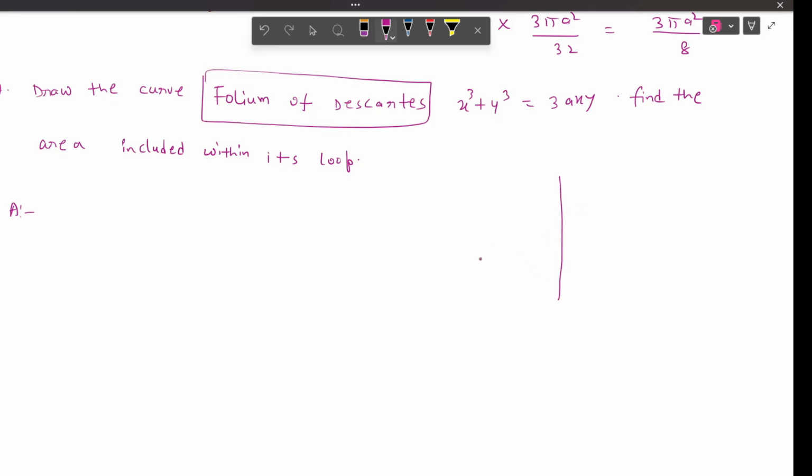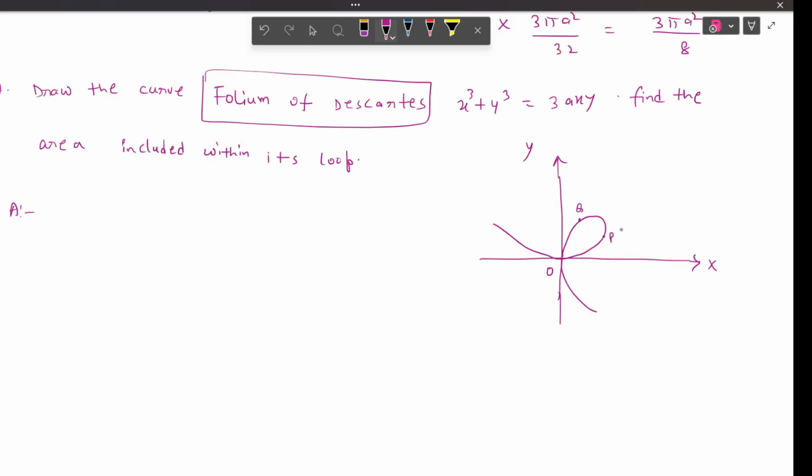The graph looks something like this. This is the graph of folium of Descartes. Let us say this is O, this is P, and let us say this is Q. So this graph has a loop OPQO.